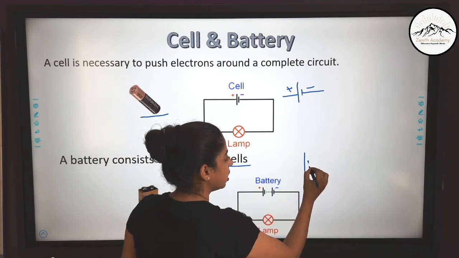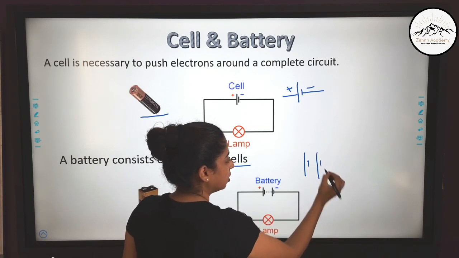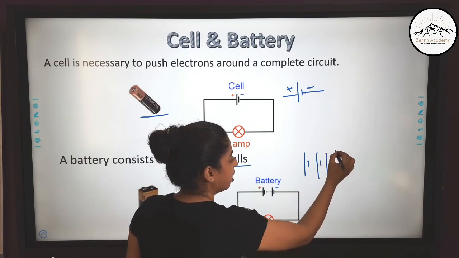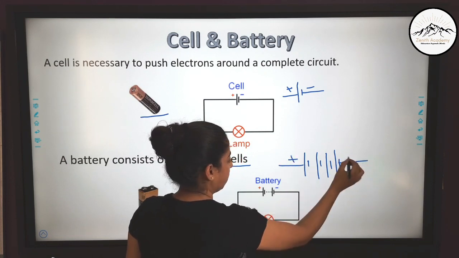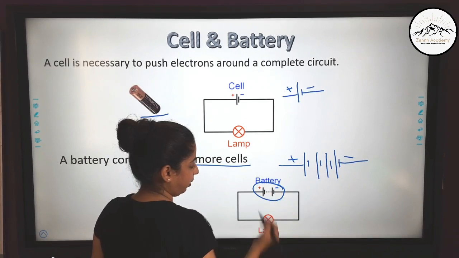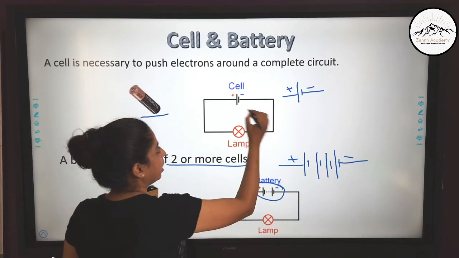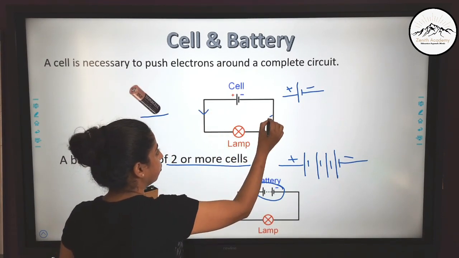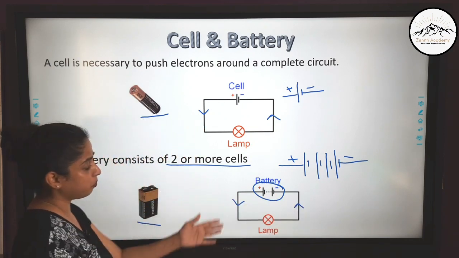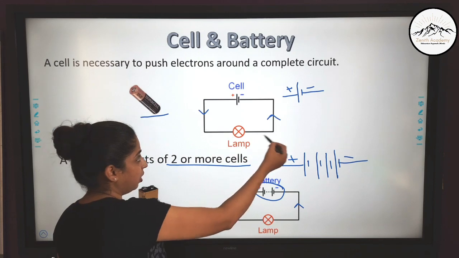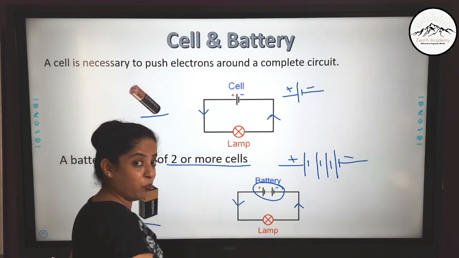So if this is one cell, it is connected to another cell, connected to another cell and so on. So it can be connected to two or more cells. So that is a battery. Okay. So in both cases the current flows from positive to negative, and here obviously you can see the current is less and here the current is more.